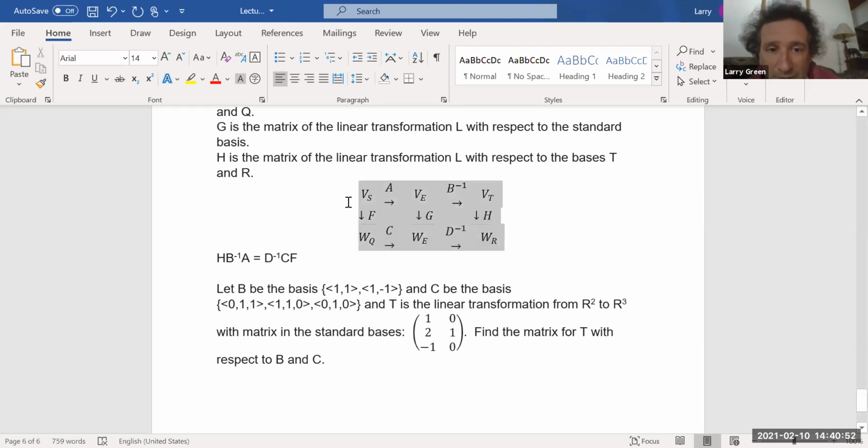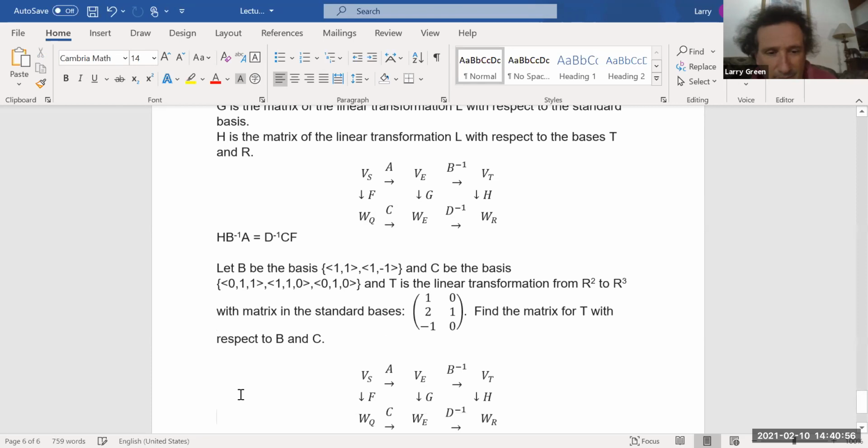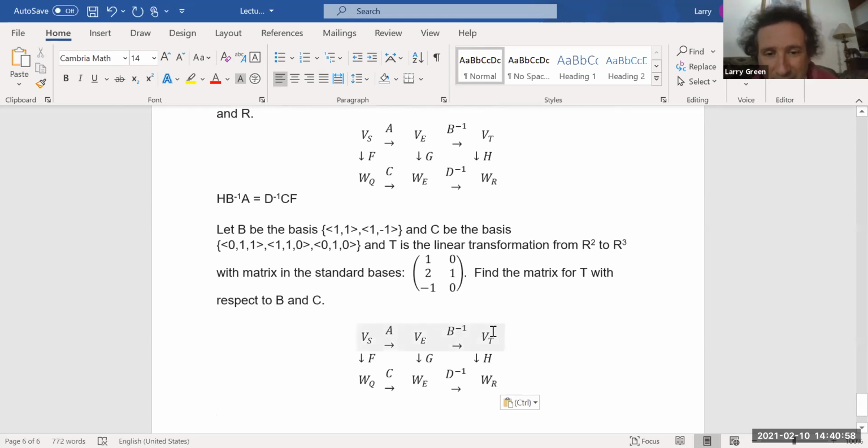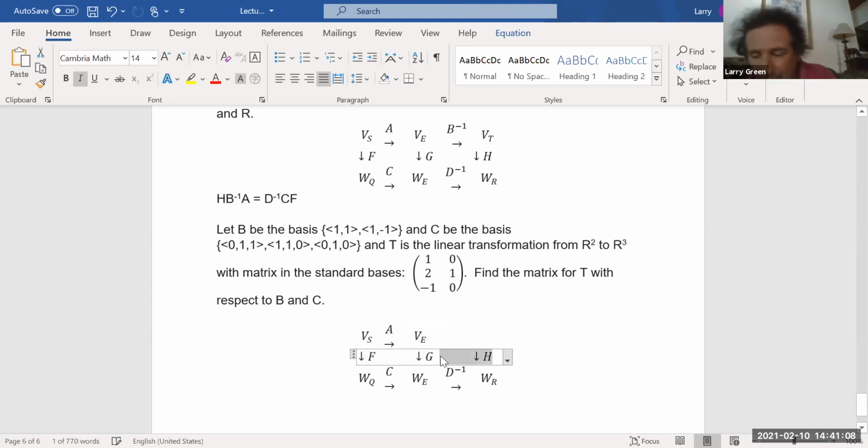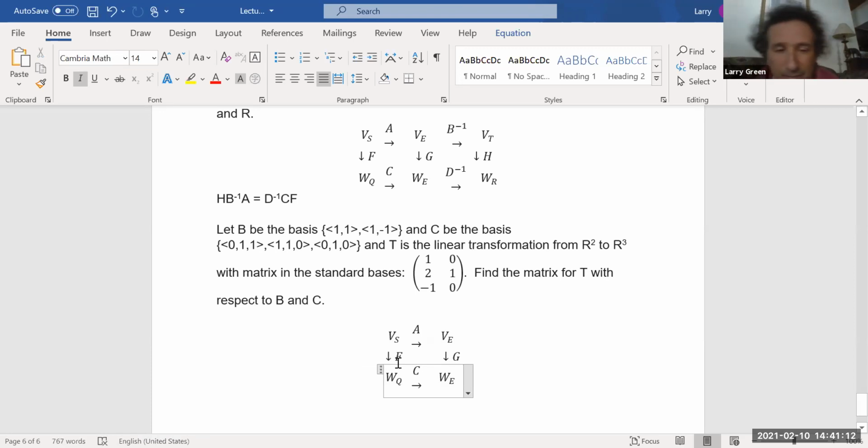All right, so I'm going to steal this diagram and do a whole lot of adjustments. First thing, I actually don't need all of it. I only need this amount. Let's change the letters about.